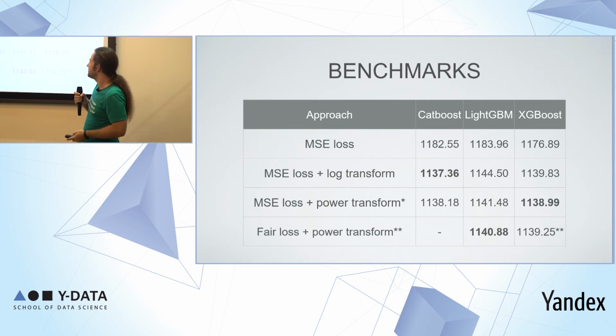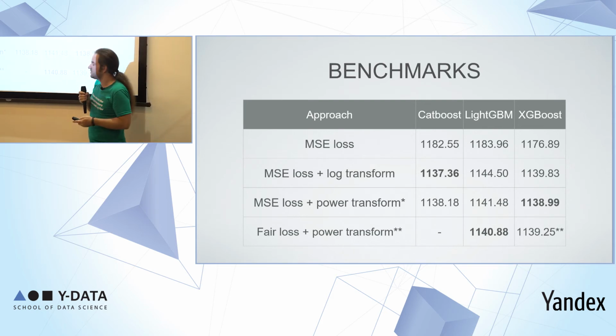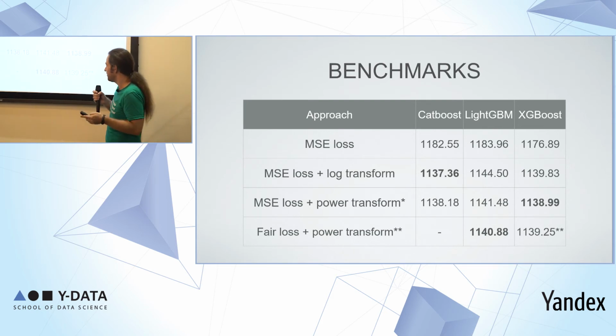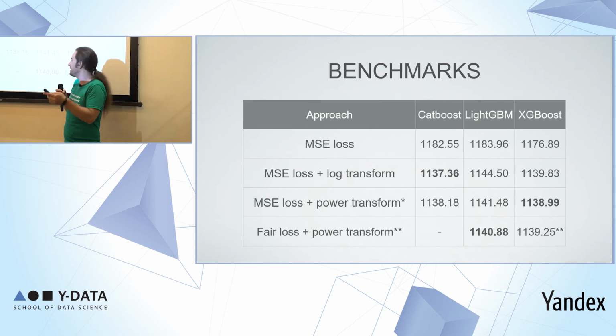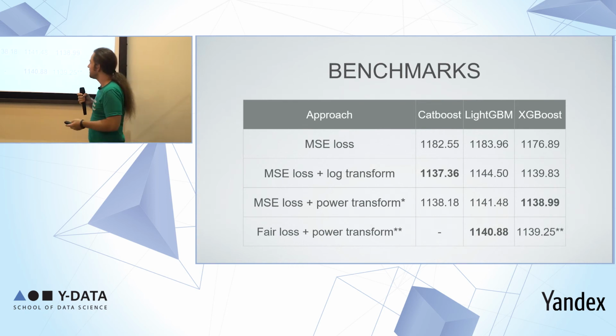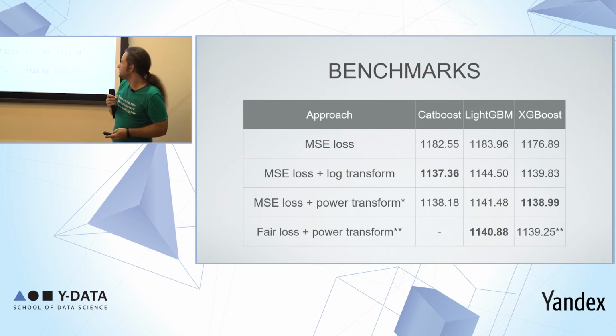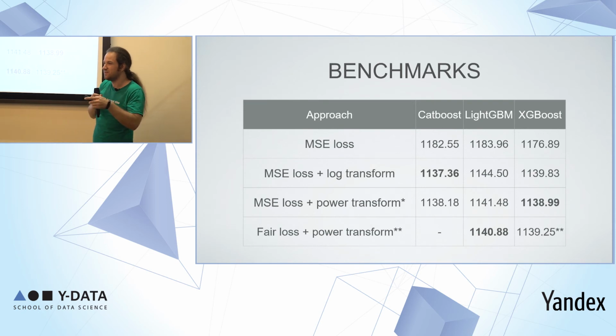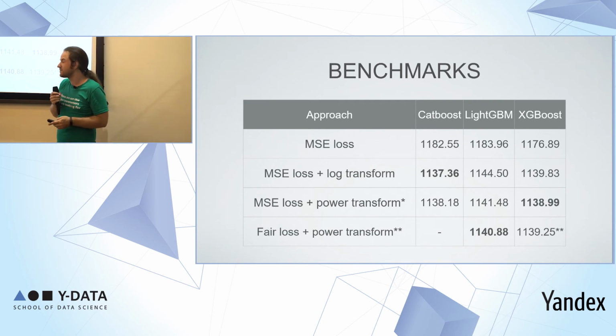Yeah, so for the log transformation, the constant value was 100, and this came from one of the top competitors. He said that it was good for his result. And for the power transform, the power was 1/4.